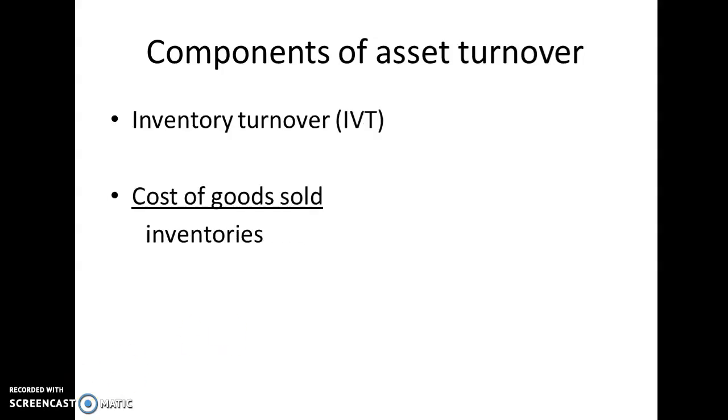The next ratio is inventory turnover. The formula for inventory turnover is cost of goods sold divided by inventories. This inventory turnover ratio measures how efficiently our inventory system is managed.